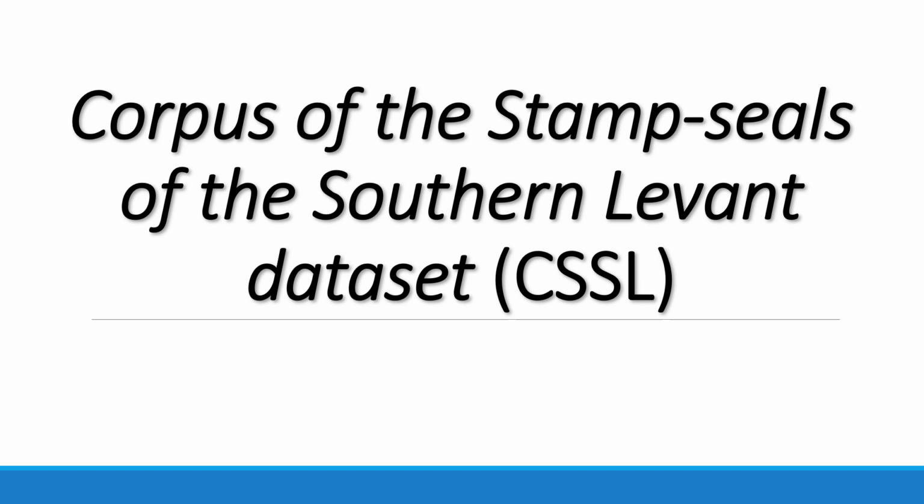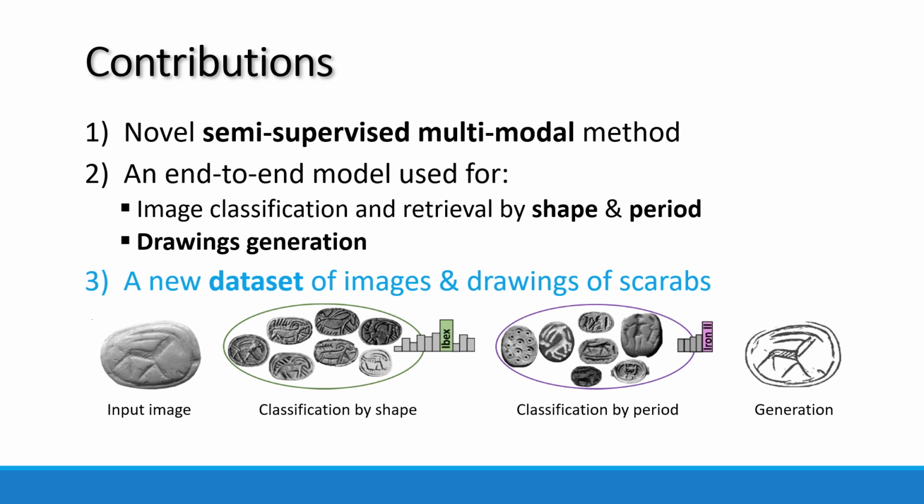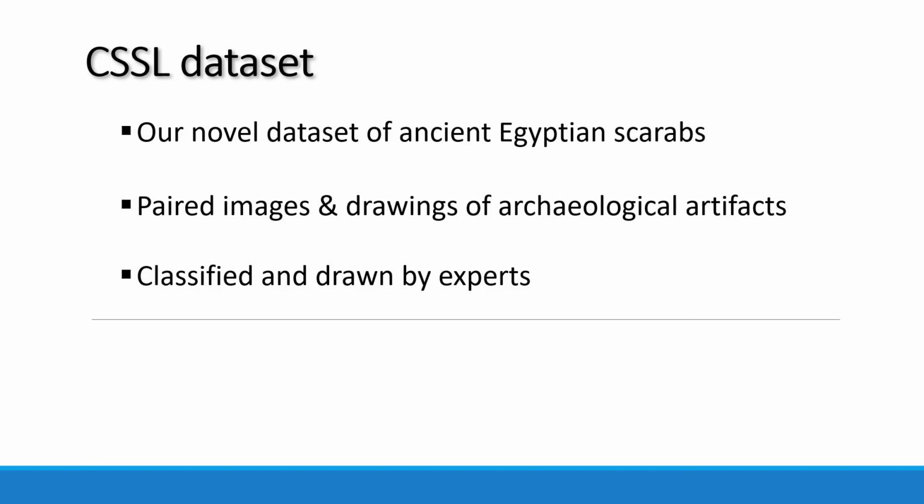A major contribution of our paper is a novel dataset of pairs of images and drawings of ancient Egyptian scarabs called CSSL. The third contribution, the dataset. This is the first dataset that contains paired images and drawings of any class of archaeological artifacts.